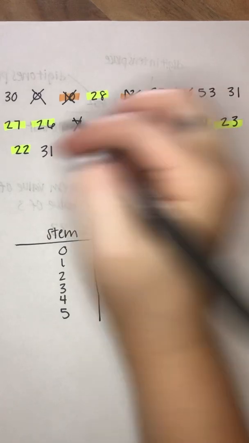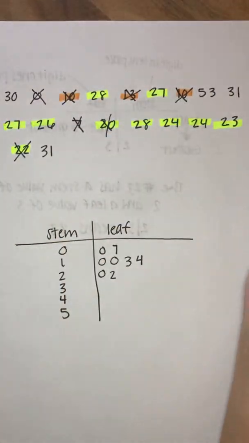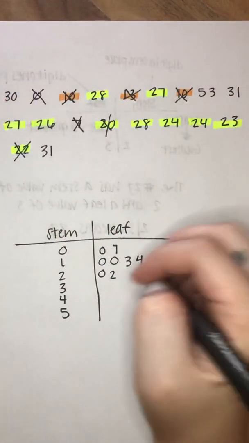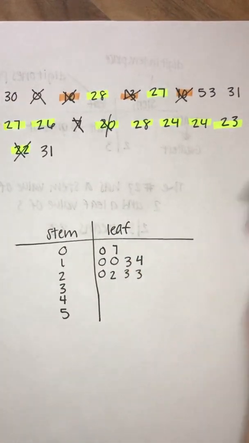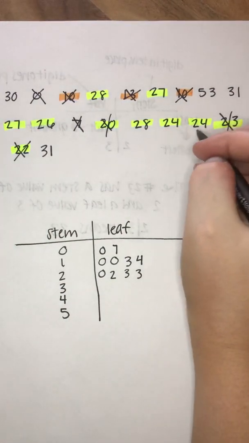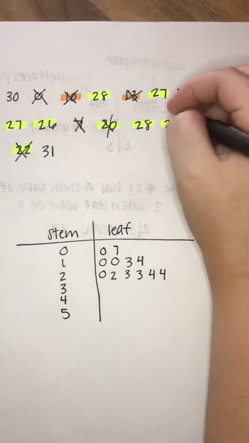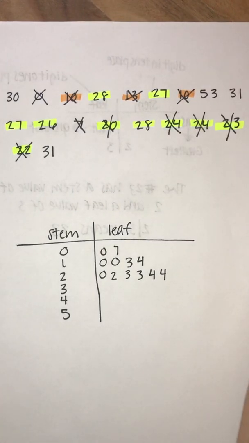Now my next number will be 22, so I just do a 2. Now I have two 23s, so I'm going to write 2 3s. Then 2 4s for 24. Then I move on to 26.